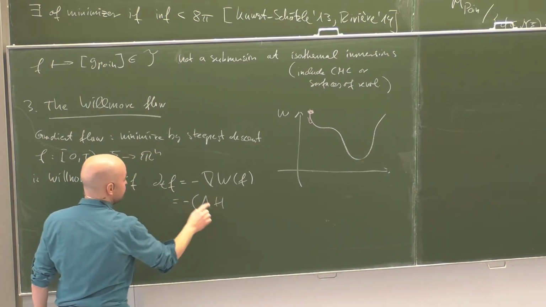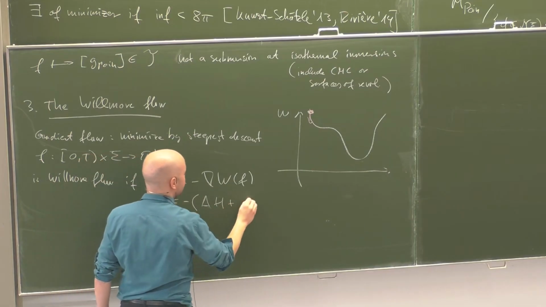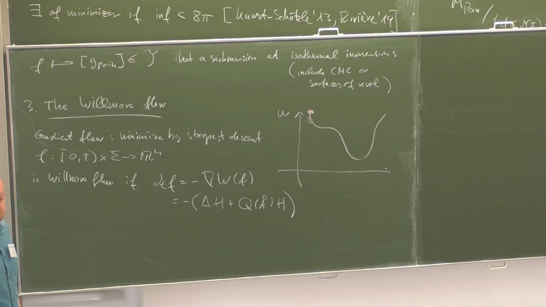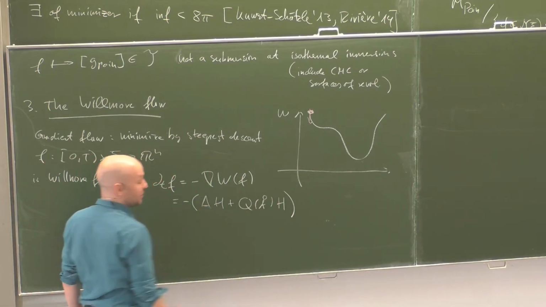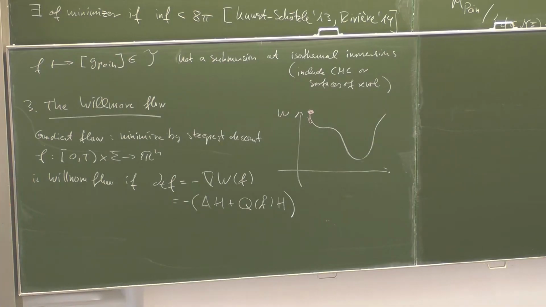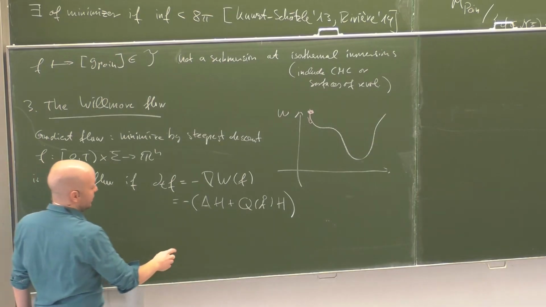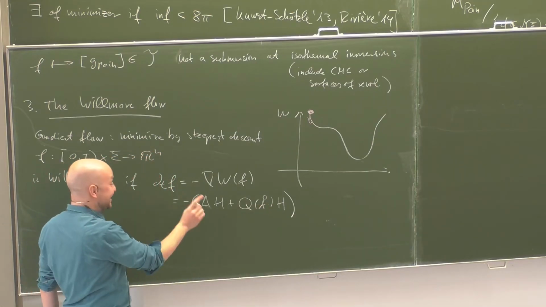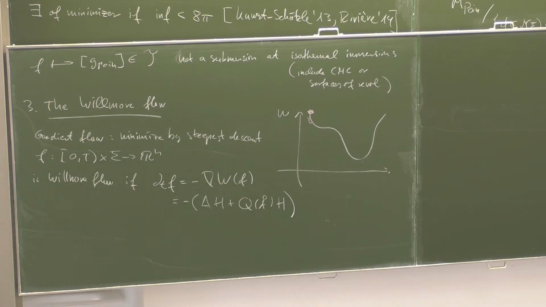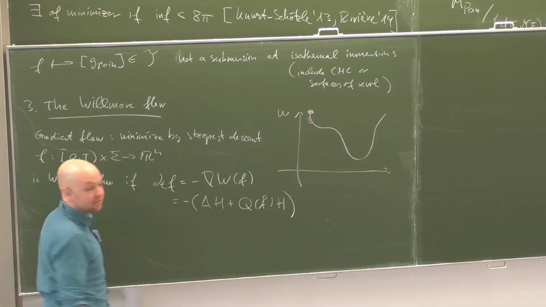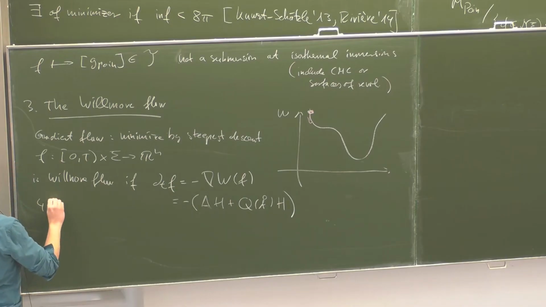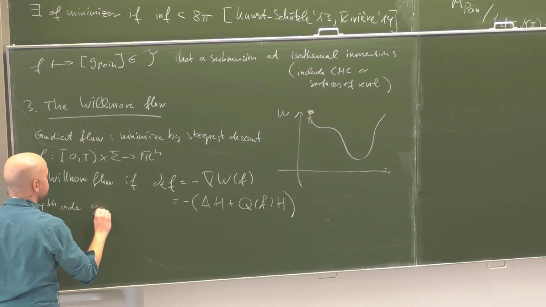The leading order term is the Laplace-Beltrami of the mean curvature. Then we have a quadratic term in the trace-free part of the second fundamental form, multiplied again with the mean curvature. If there was no quadratic term and no Laplacian, this would just be a mean curvature flow. But this is like a higher order version of mean curvature flow, because we have an additional Laplacian. So it's a fourth order geometric flow.